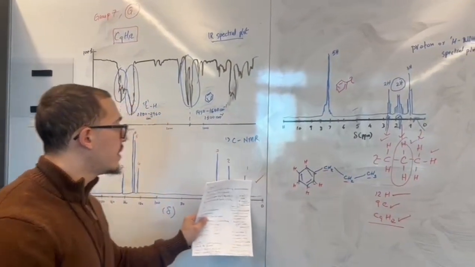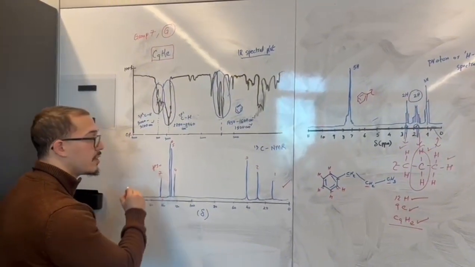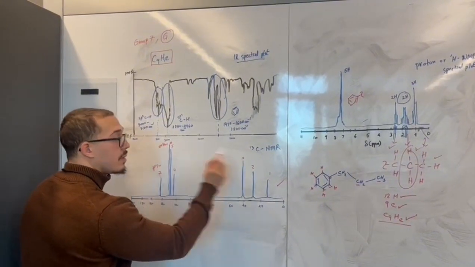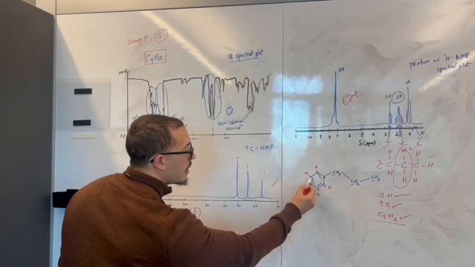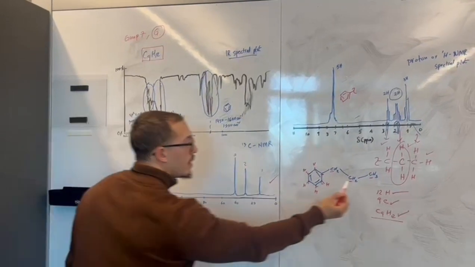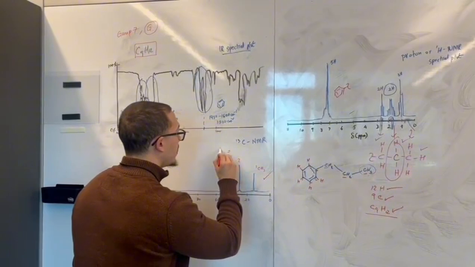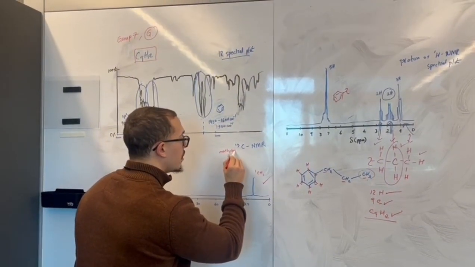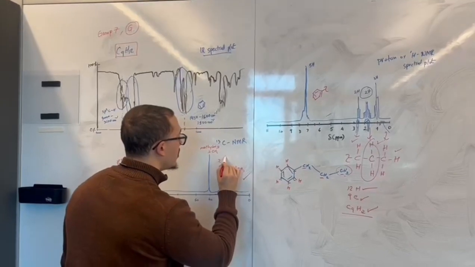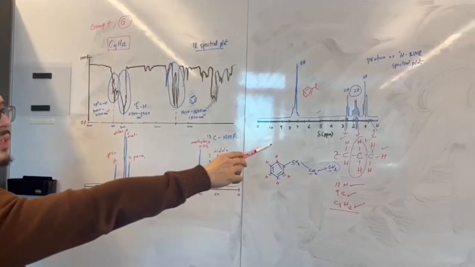This corresponds to that. The ipso carbon corresponds to this. The ortho carbons here, the meta. So ortho, meta. These are the meta. This is the para. This over here would be the CH3 group right here. This is the methylene, CH2. And this is the middle CH2. Okay, I have it on that table.